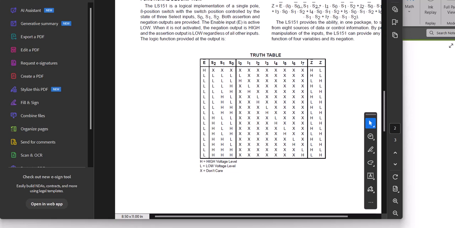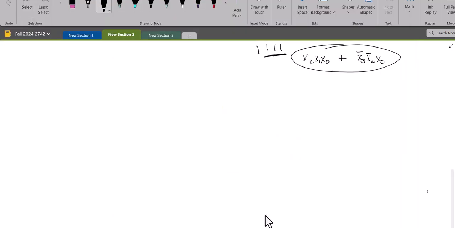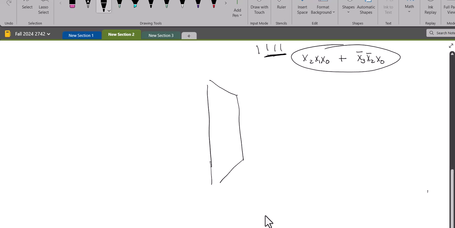So what you have is your multiplexer. And these values are I0 through I7, and you'll have an enable, but you will want to connect that to ground.